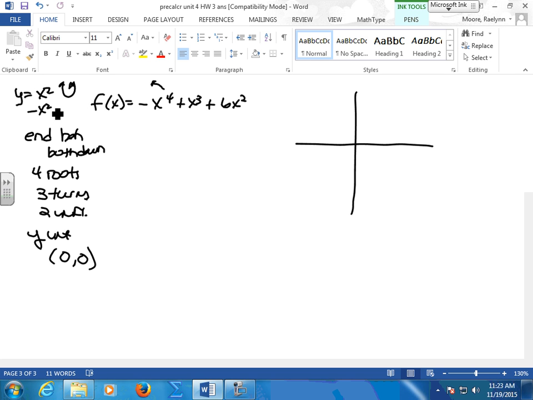What do I have to change on my window? Your Y what? Your Y max. So you should be able to give me a graph.